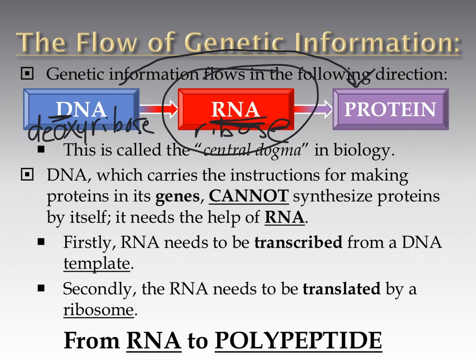The DNA is held in the nucleus of your cells, but proteins are made outside the nucleus. They're made at the ribosomes in the cytoplasm of a cell. So think of RNA as a middleman, like a mailman, carrying the message from DNA to the ribosomes to make the proteins. And from the RNA, they can make proteins or polypeptides. We're going to get into protein synthesis in our next lecture.